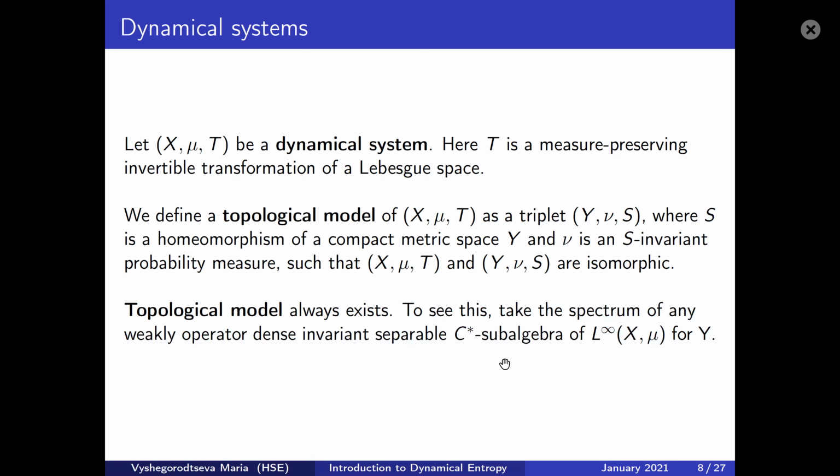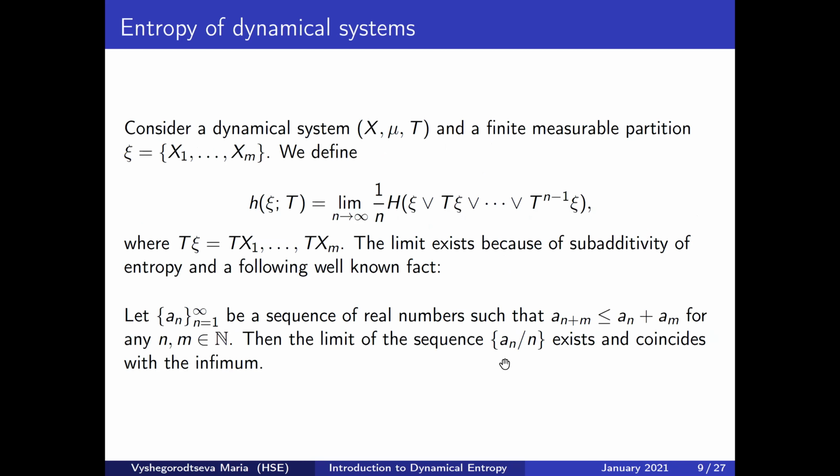So now I would like to proceed and consider a dynamical system and define an entropy of T and X. Firstly, we define a dynamical entropy for a pair T and a finite measurable partition.